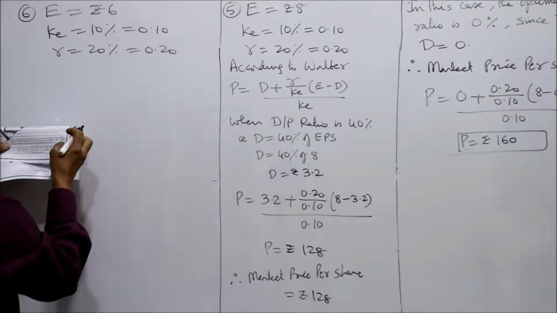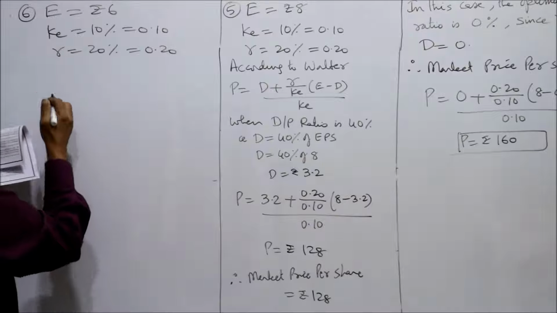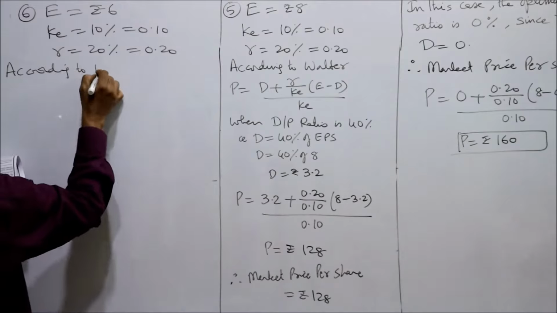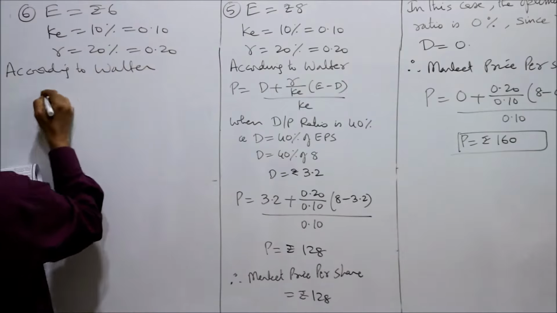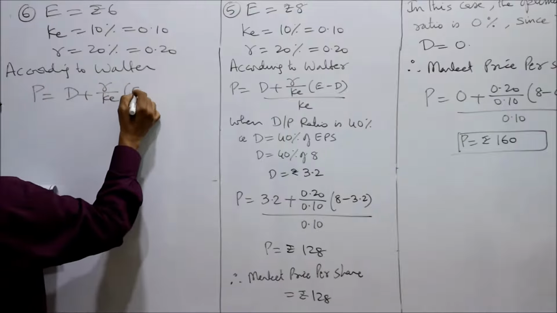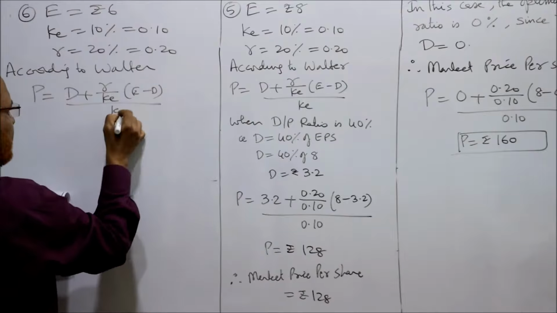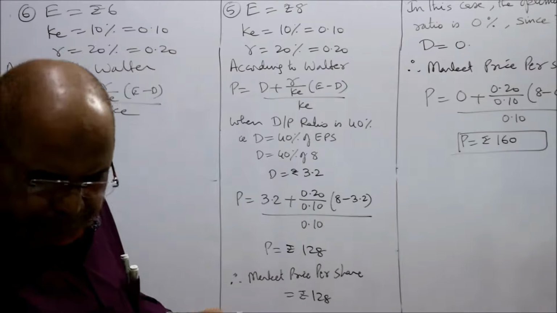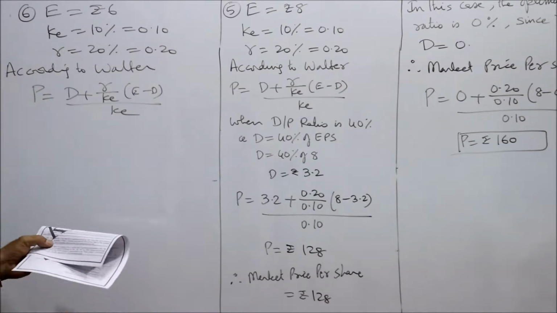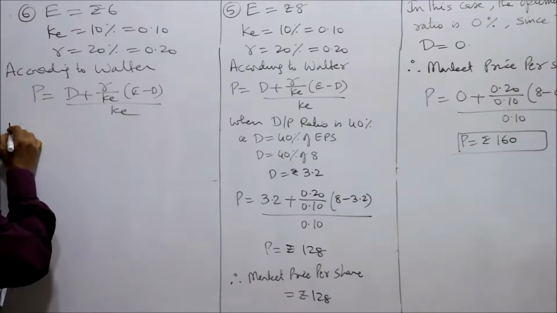According to Walter's formula, what should the price be at a 25% DP ratio? According to Walter, P is equal to D plus R by KE into E minus D divided by K. Now, DP ratio is 25%.